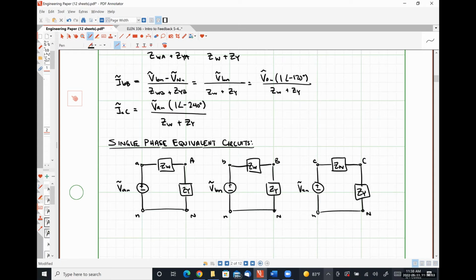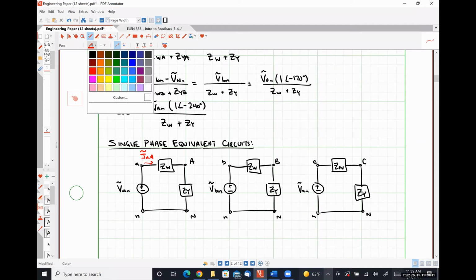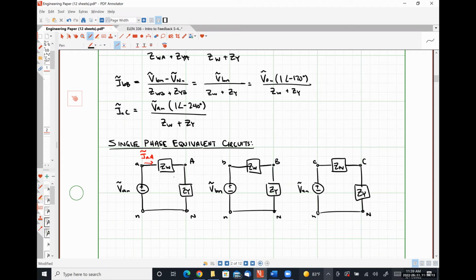So we could calculate our line current IAA from this pretty easily, just using Ohm's law or something like that. We can calculate our phase voltages across our Y-connected load from this very easily.